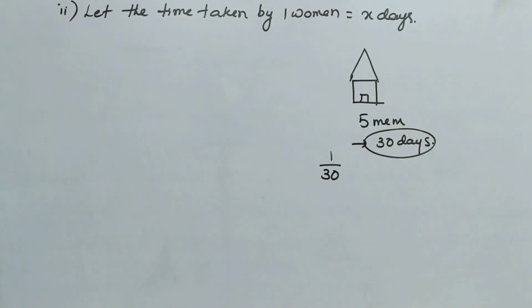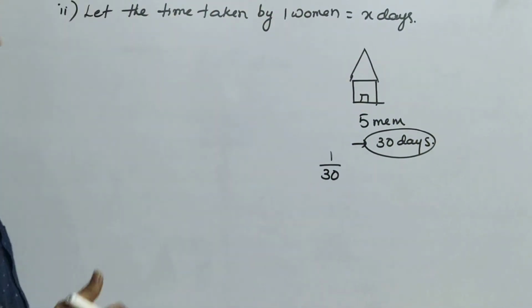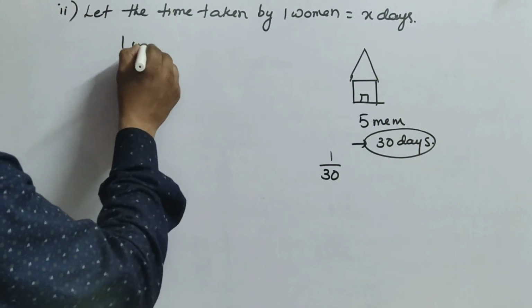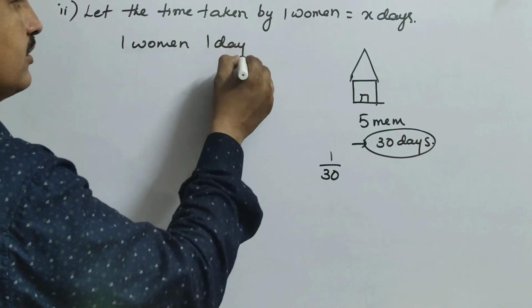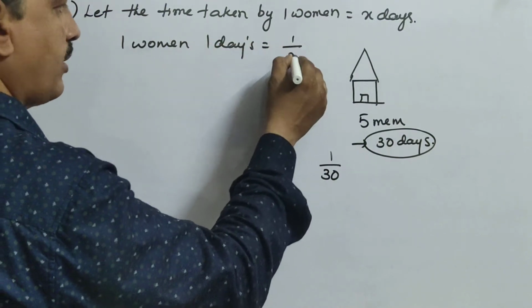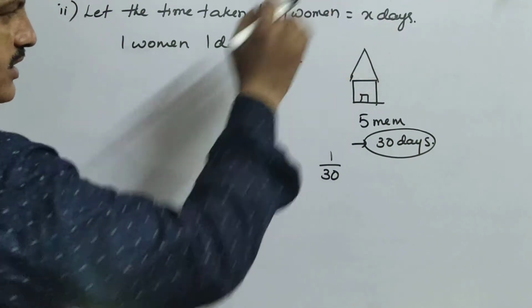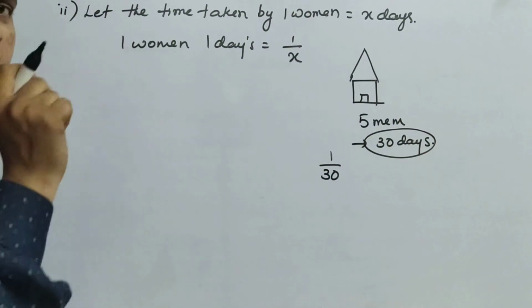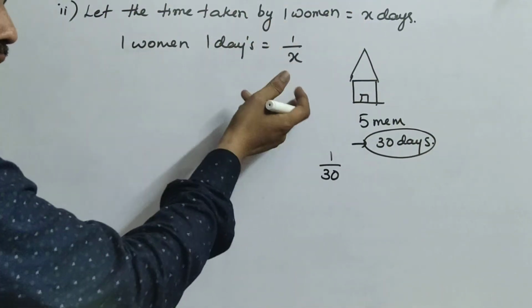Now one woman's 1 day's work, that is, how much work does one woman do in one day? That means one woman's 1 day's work equals 1 by x. Actually the work is to be done in x days, so how much does she do in one day? 1 by x.